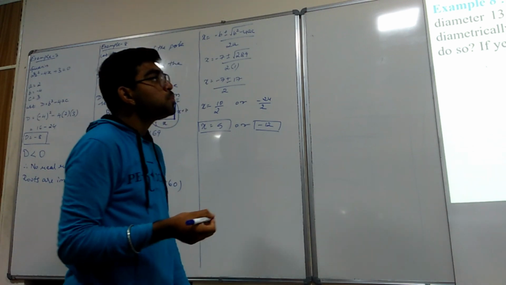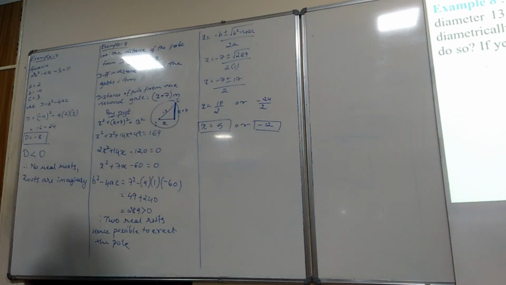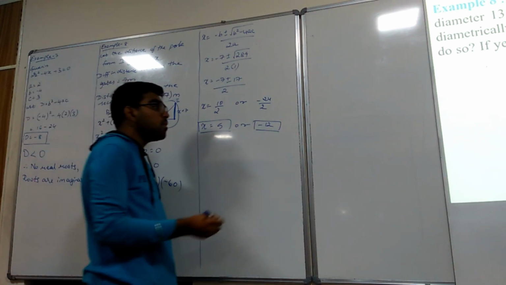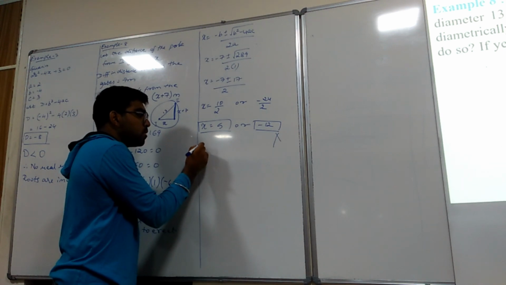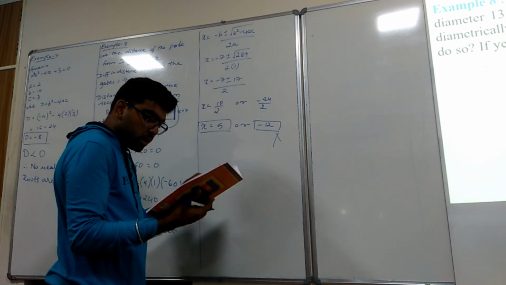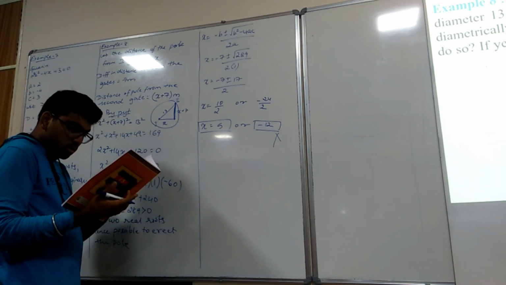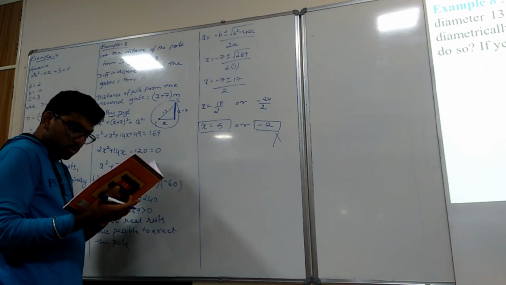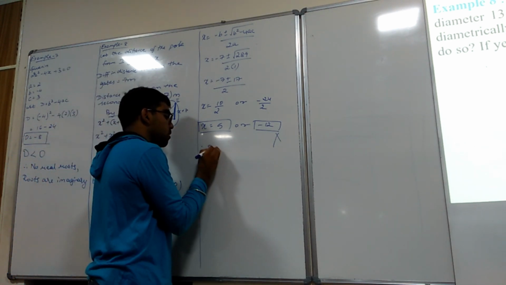What is x? Distance. Can distance be negative? No. So x is equal to 5. So the distance between the pole is erected.